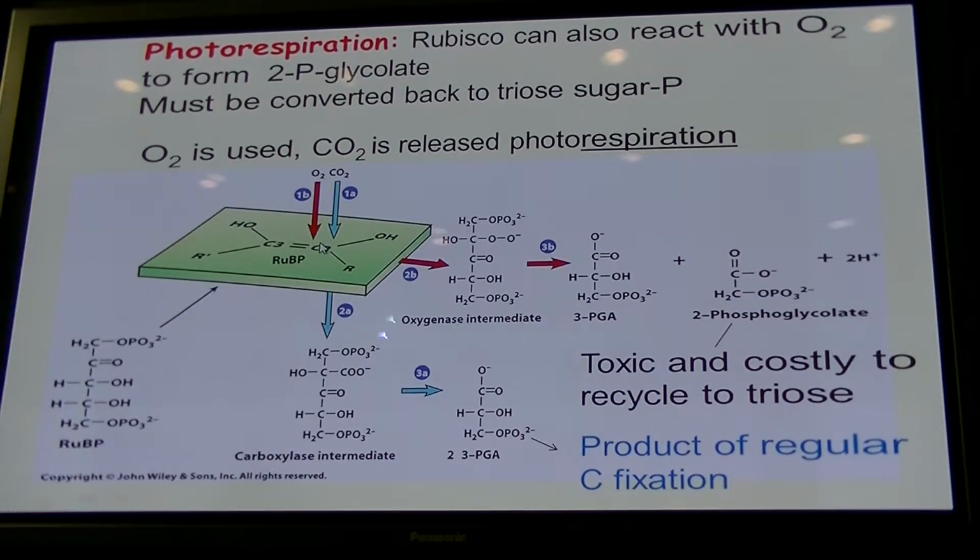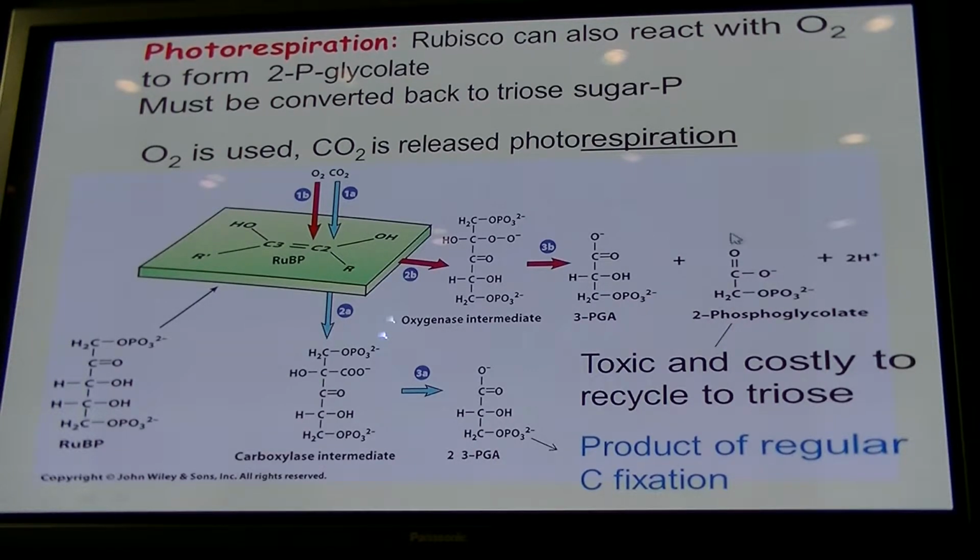So our 5-carbon ribulose 1,5-bisphosphate splits into a C3 and a C2. And the problem is that this C2 intermediate is in addition toxic. It's not something that you want to have around.